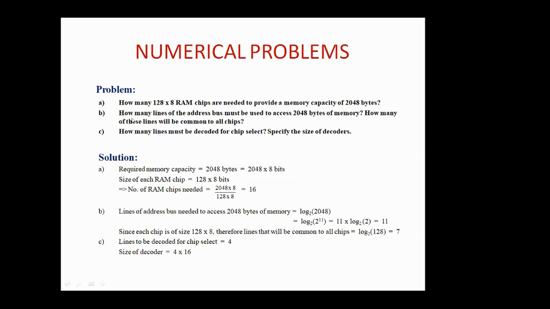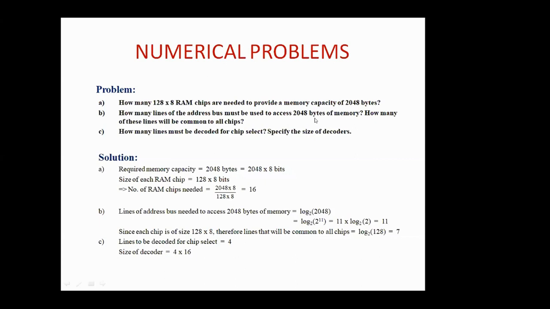Let us see part B. How many lines of the address bus must be used to access 2048 bytes of memory? So now we have 2048 bytes of memory. How many address lines will be used for 2048 bytes of memory?